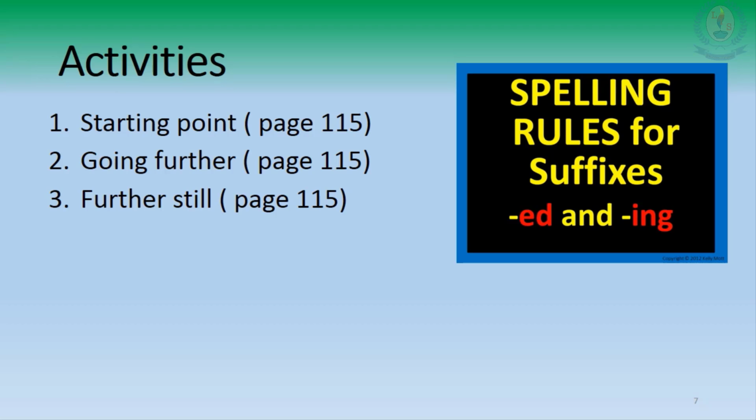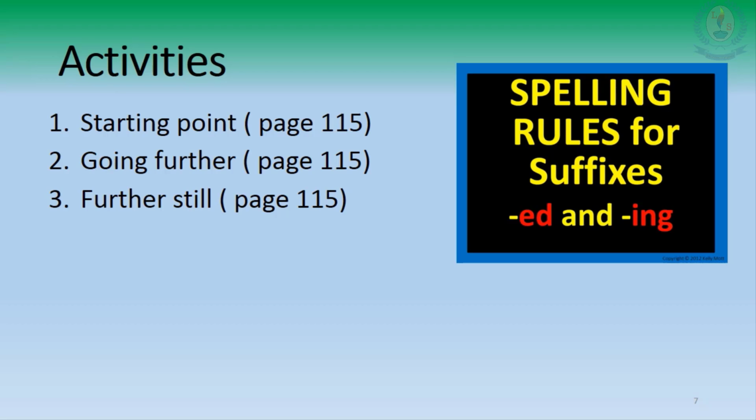And second question is form the present participle of the following verbs by adding ing and making any other necessary changes to the verb. And the third one is correct any spelling errors in the newspaper headlines. They have given you some headlines, you need to correct the spelling mistakes, errors. Likewise, going further activity is also same as starting point activity.